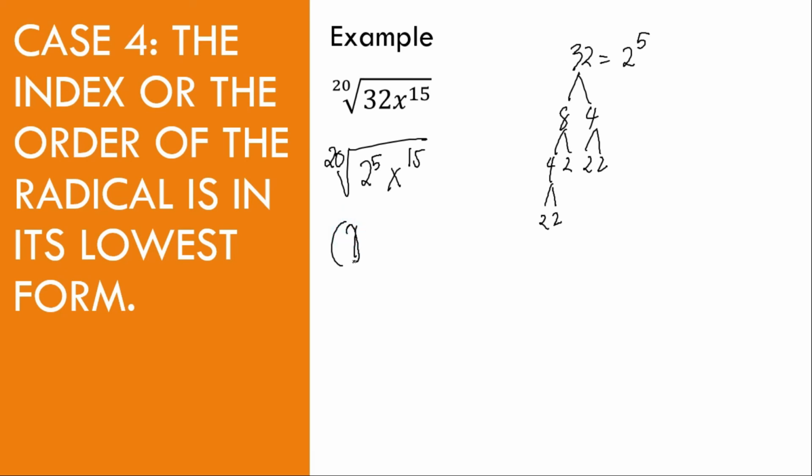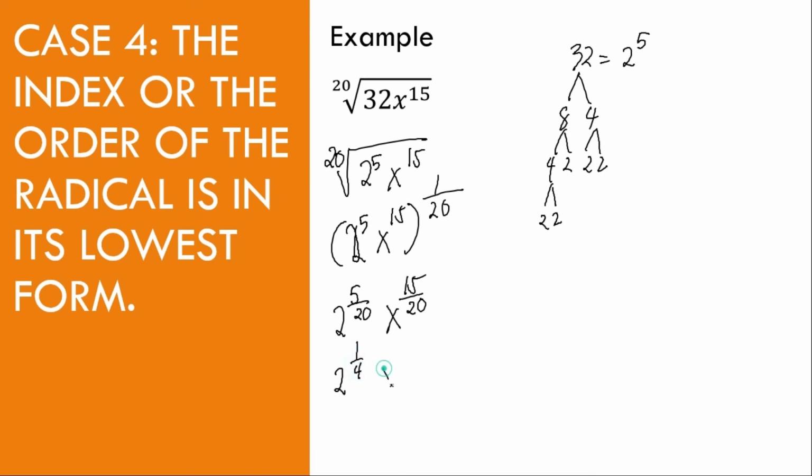Now, convert that into rational exponent. 2 raised to 5 x raised to 15 raised to 1 over 20, kasi radical pala yan. Now, by power of a power, 2 raised to 5 over 20 na yan kasi multiply natin yung exponent. Then, x raised to 15 over 20. Now, simplify the exponent, lowest term nyo.